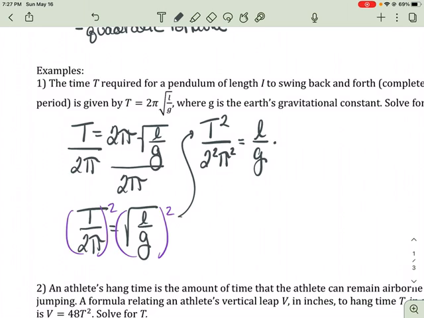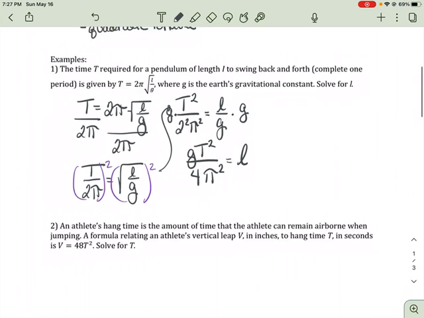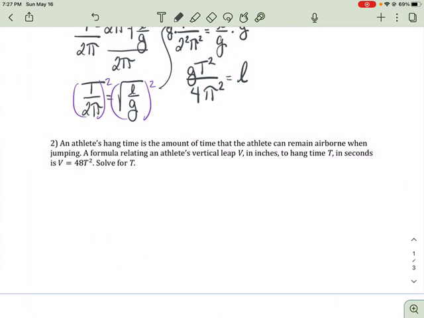While we're doing that, let's get rid of the g, because we're solving for L, by multiplying both sides by g. So we get g t squared over 4 pi squared is equal to L. And that is our answer. That's not too bad. All right, let's try another one.